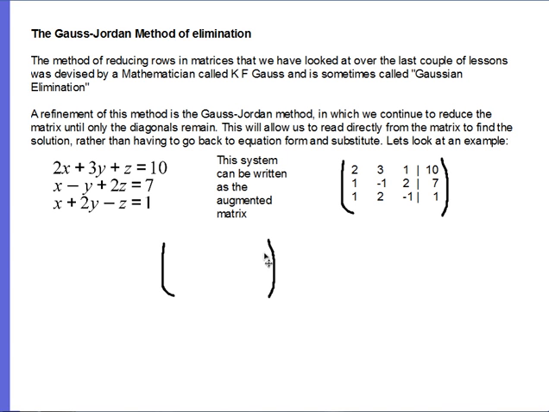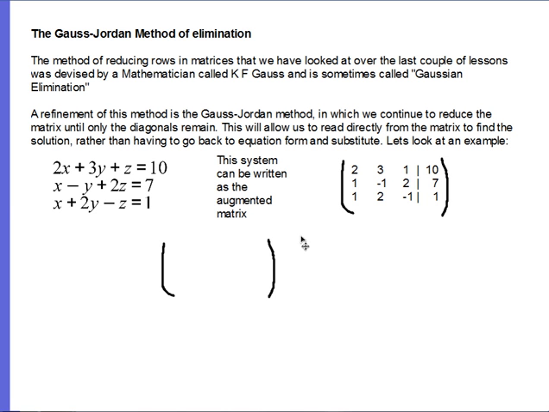Here is a system: 2x plus 3y plus z equals 10, x minus y plus 2z equals 7, and x plus 2y minus z equals 1. We can write this system in augmented matrix form as you see it there.